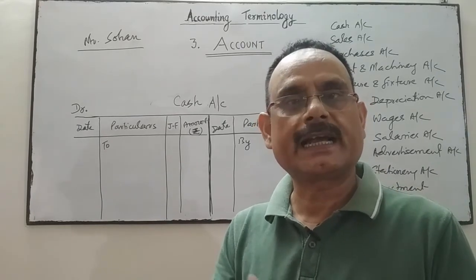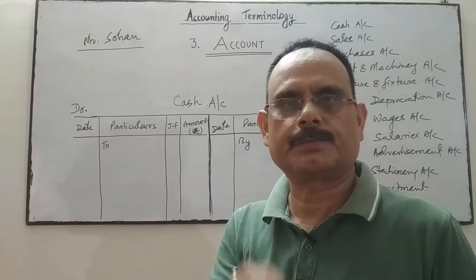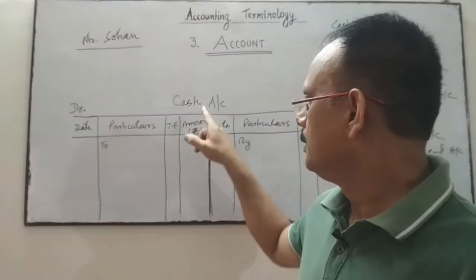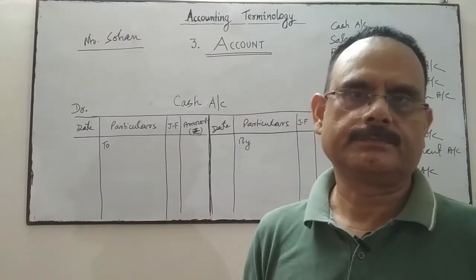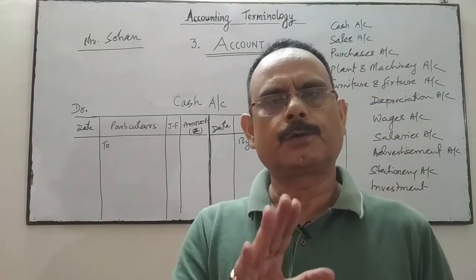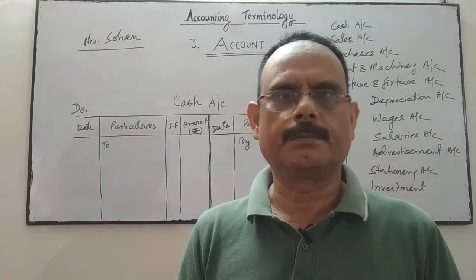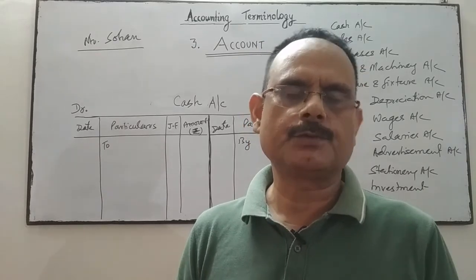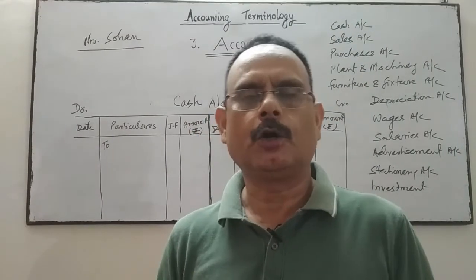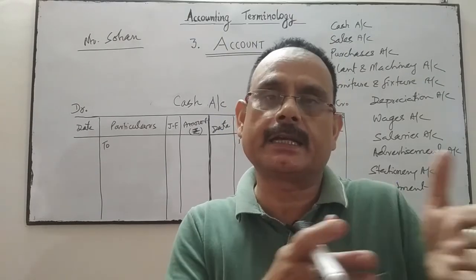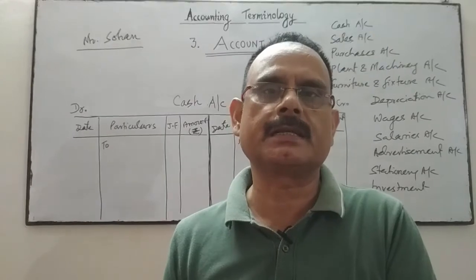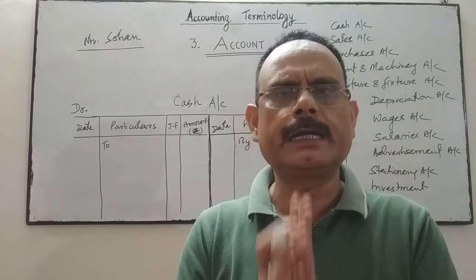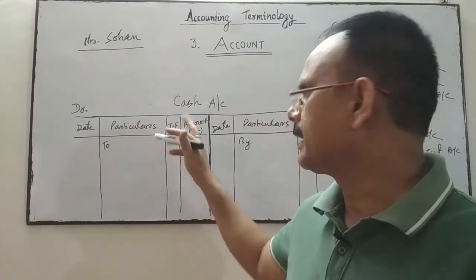If you want to know the cash transactions specifically, then you see the account of cash. You will get what the opening balance was, what the closing balance is, how much cash comes, on which date the cash comes into the business, on which date cash goes out from the business. All details you will get in that ledger of cash.